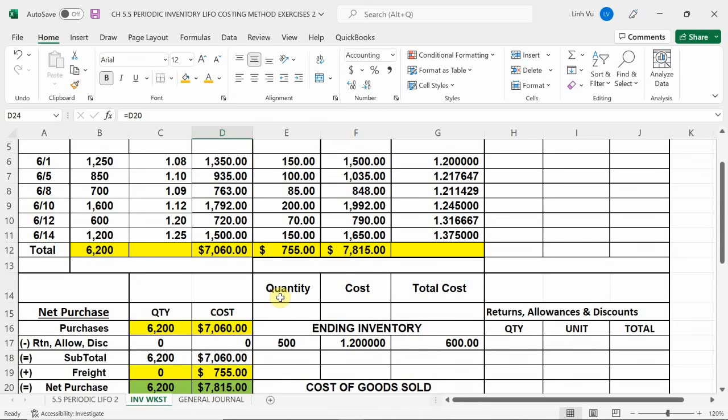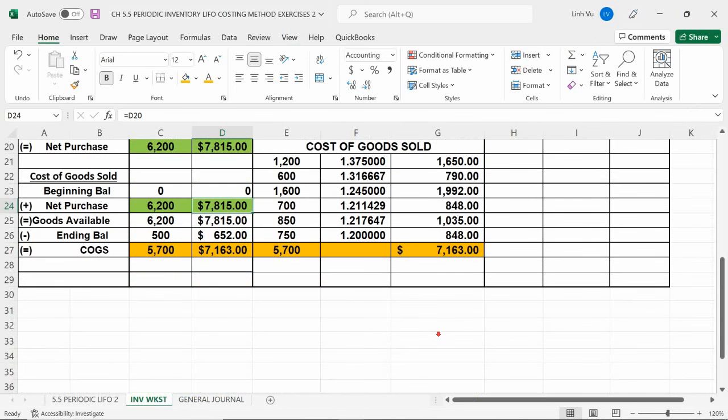I made an error and I can't find it. Excuse me for 1 second. So you got 500 at $1.20, should be $600 even. Okay, so the calculation is wrong in here then.